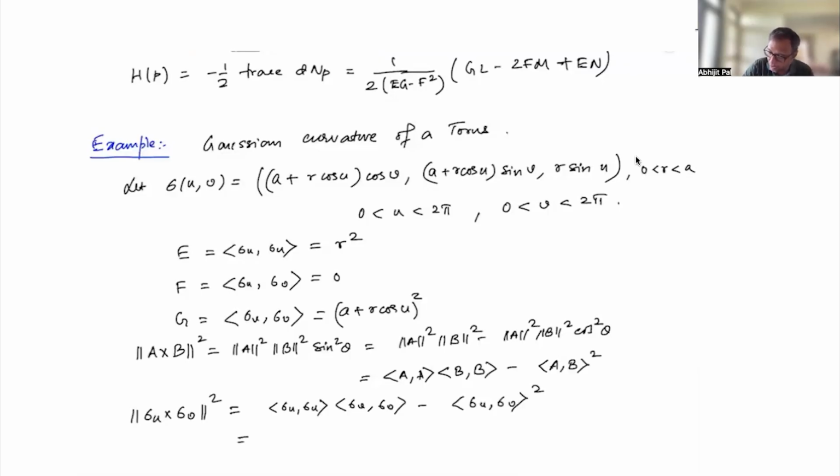So this is equal to EG minus F square. Okay, so this implies that the norm of sigma_u cross sigma_v is equal to root over (EG minus F square).